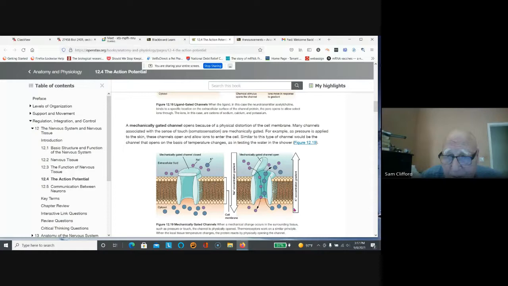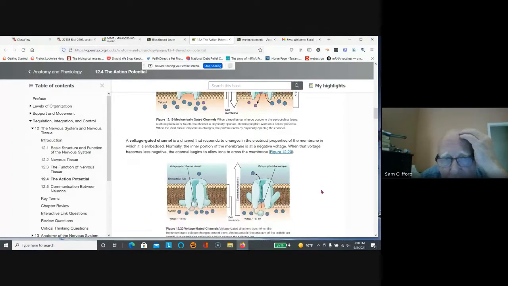Potassium tends to flow out because there's more potassium on the inside. Sodium tends to flow in because there's more sodium on the outside. These are charged particles, sodium plus and potassium plus.